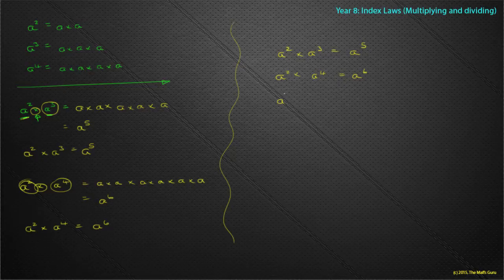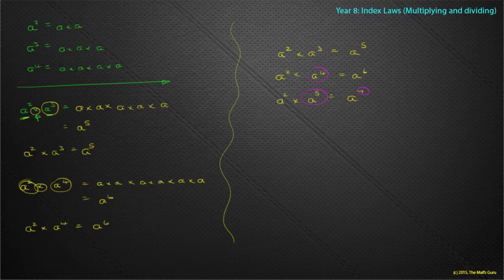And to continue the pattern, a to the floaty 2 times a to the floaty 5, I'm going to tell you is a to the floaty 7. How would I know that? Well, in my head, I could be turning around going, it must be because, to go from here to here, I'm just adding another a, or multiplying by another a. And so there must have been another a, and so hence the 7.